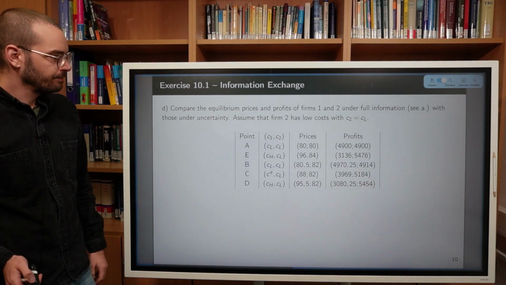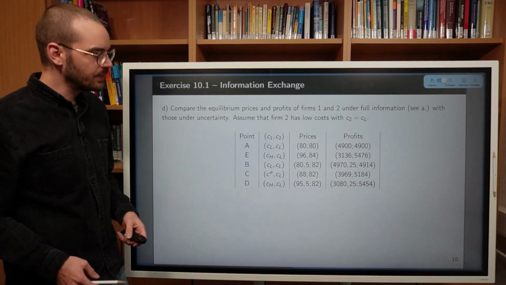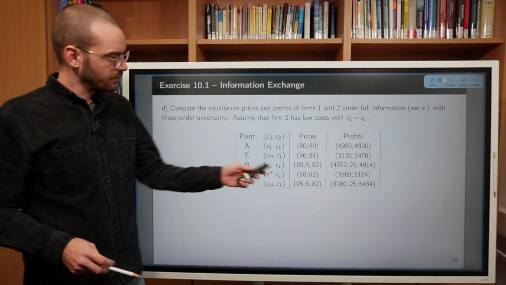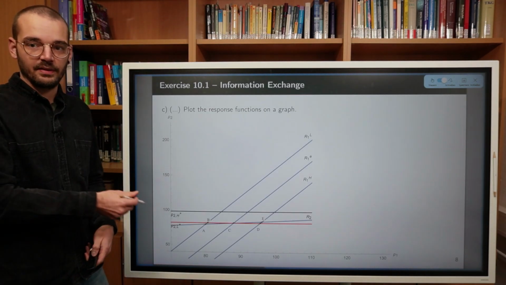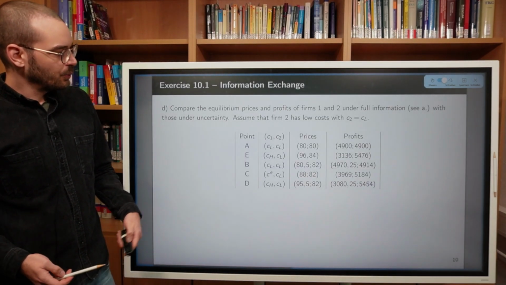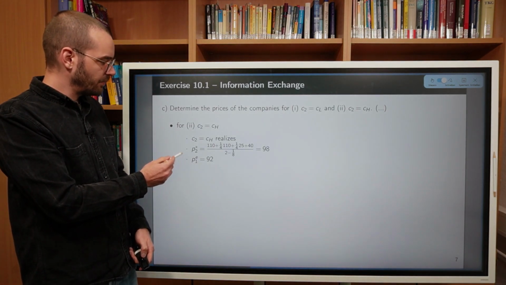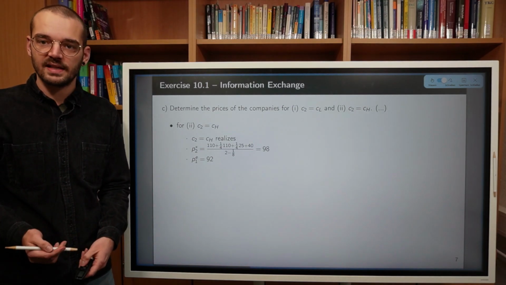All right, now this is prices and profits for all of these equilibriums. How do we calculate them? Well, all of these prices, of course, they were implicitly written in this graphic. Well, we calculated equilibrium prices based on the reaction functions we stated right at the beginning of this exercise.